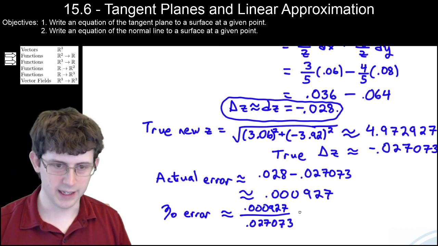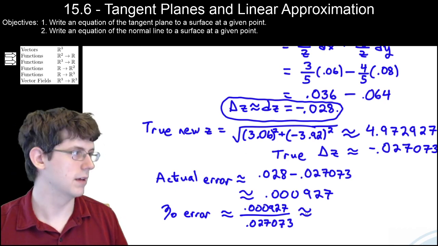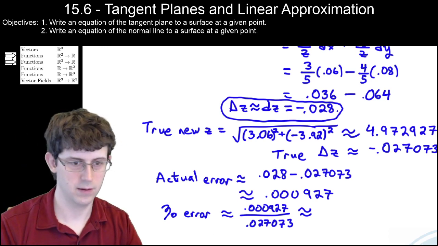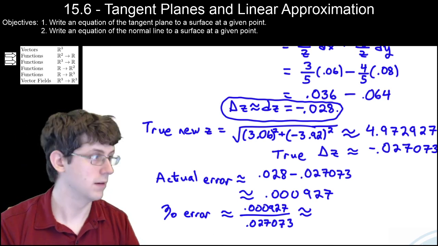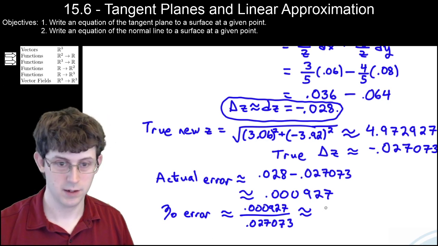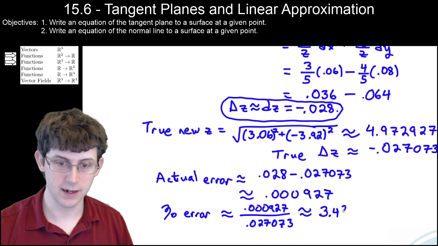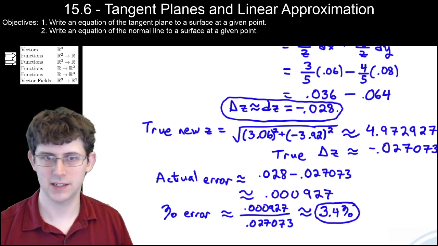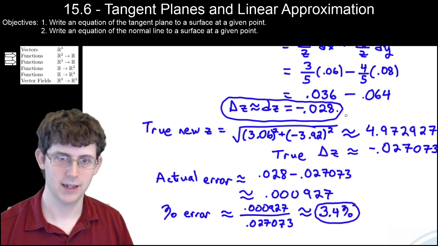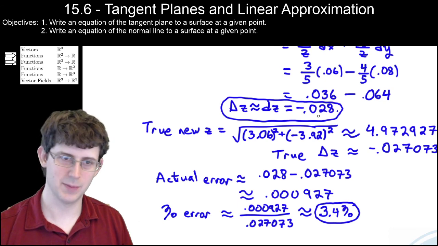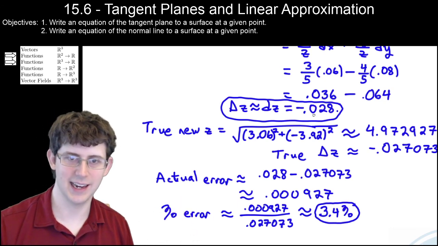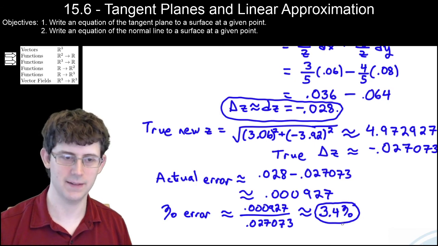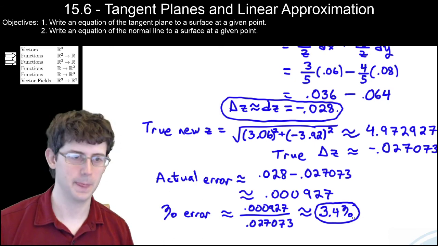The stuff with calculators is all approximate. So I got 3.4% error. I kept a lot of significant figures throughout the way here. I only kept 2 at the end because my dz that I calculated only had 2 significant figures. So I should only keep 2 here at the end, really. So I got 3.4% error.